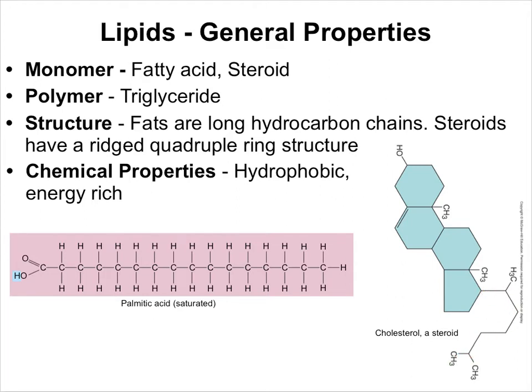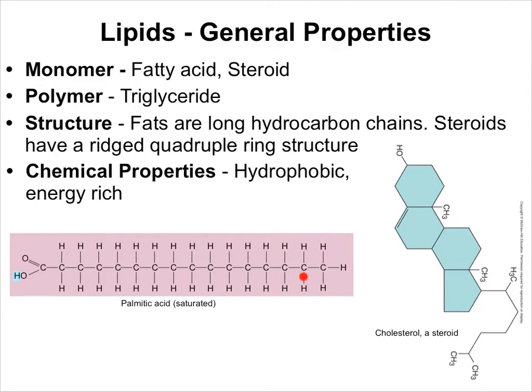This is cholesterol, which is the thing that all steroids are modeled after. And you could have different functional groups hanging off of different areas here that make it into different types of steroids. And similarly, your fatty acids might have different numbers of carbons in them. So this is palmitic acid, but you could have shorter or longer fatty acids.